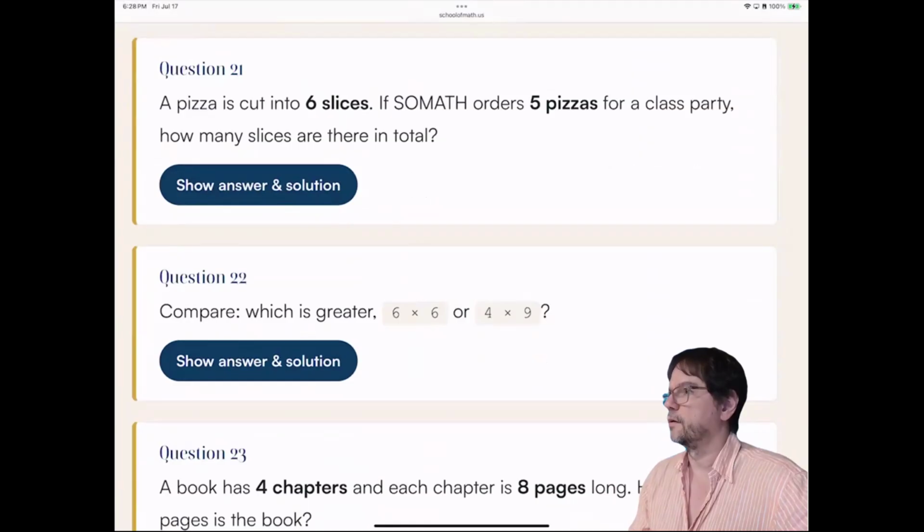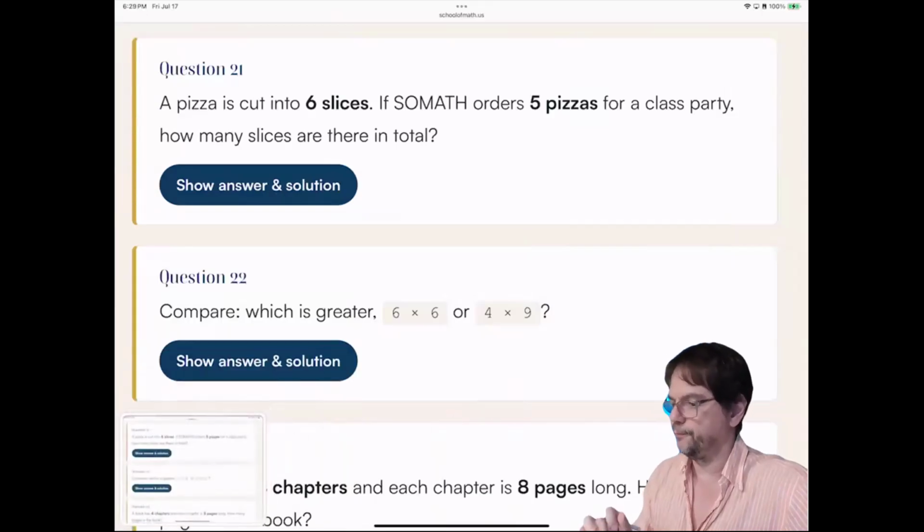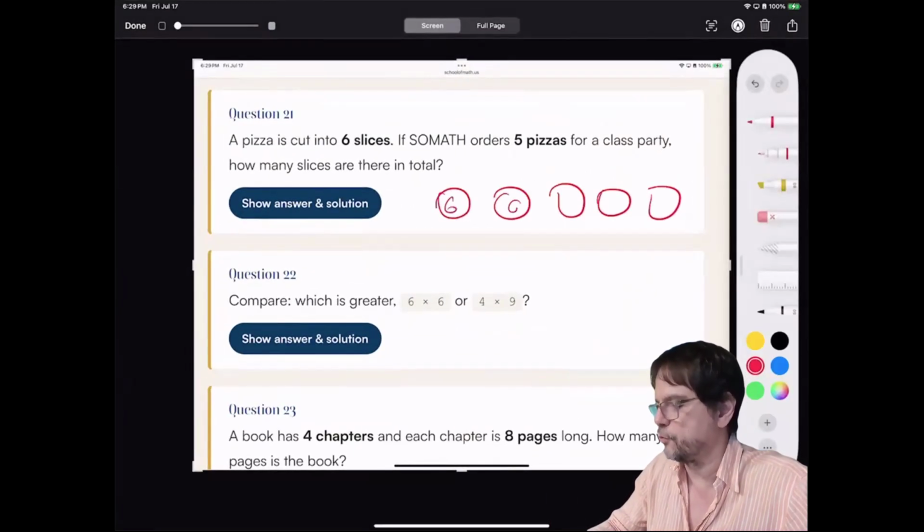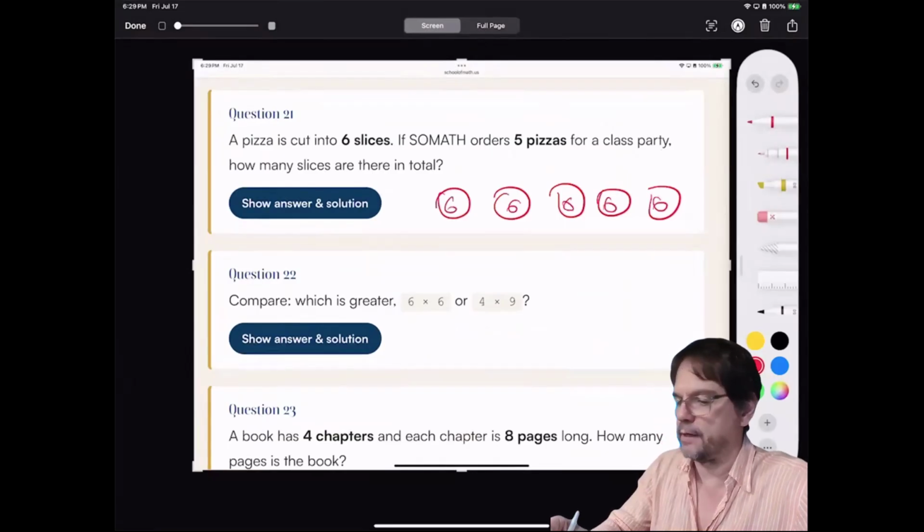Why 30? Are you sure? Yeah, you are right. A pizza is cut into 6 slices. You have 5 pizzas. 1, 2, 3, 4, 5. 6 each one. 5 times 6.